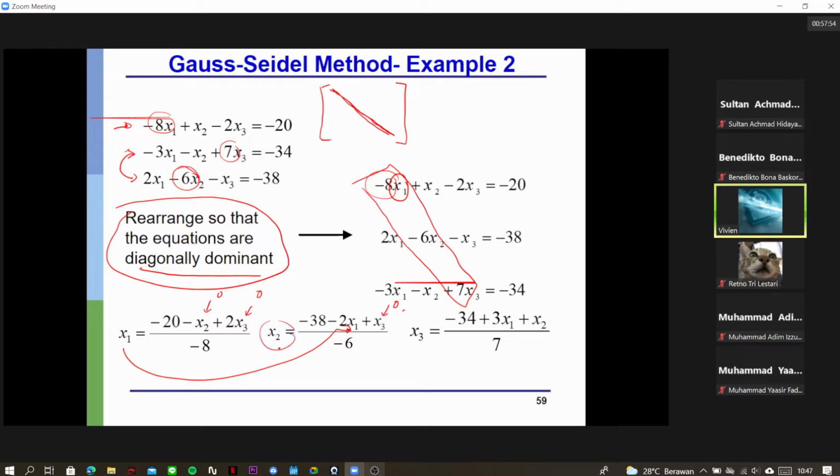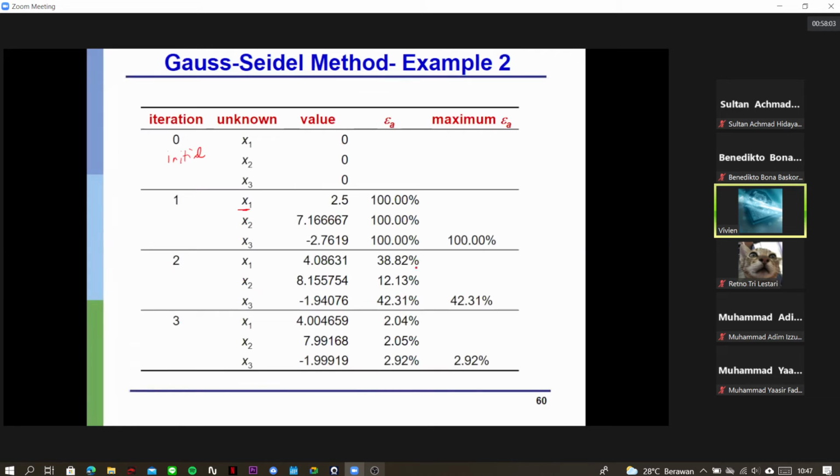Once we have the value of x2, we can insert it here and also x1 here, so that we can calculate x3. So the value from the first iteration will be this one, with the errors 38%, 12%, and 42%. So this is the first iteration.